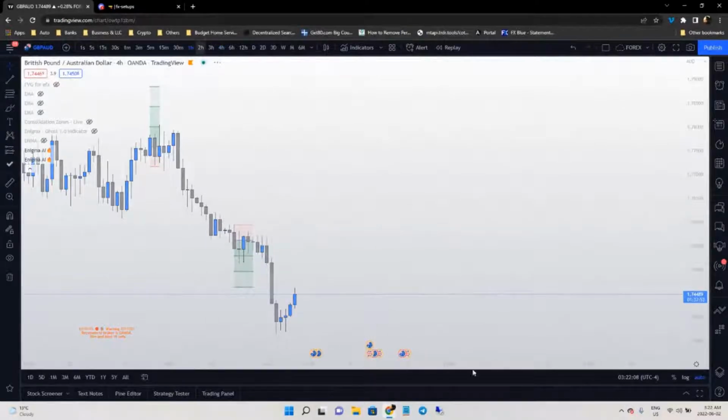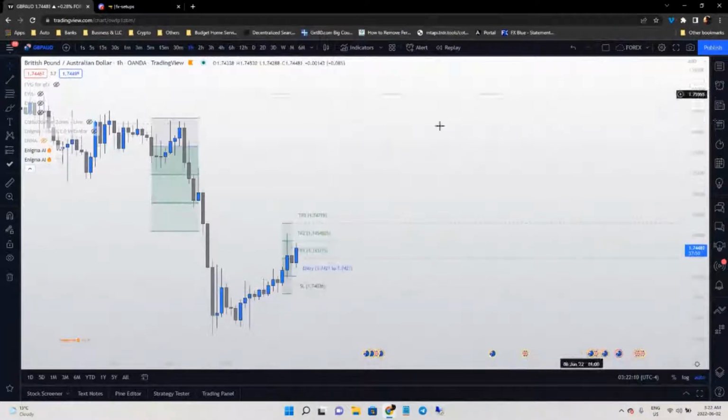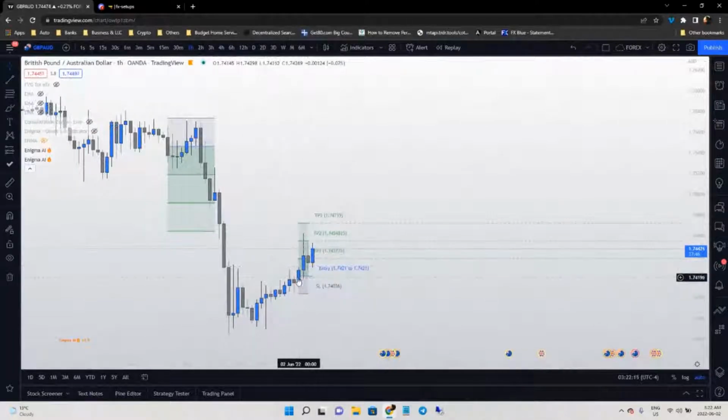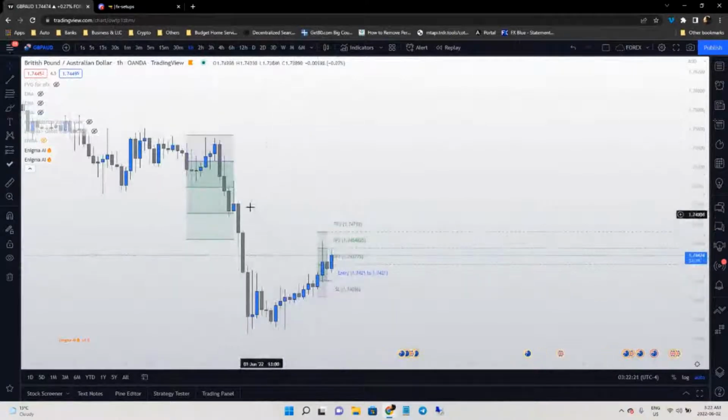Okay, so would it be a setup that we would take for a buy for a short amount of time? Yes. Why? Because of the market structure here overall going down. So that's a good trade.